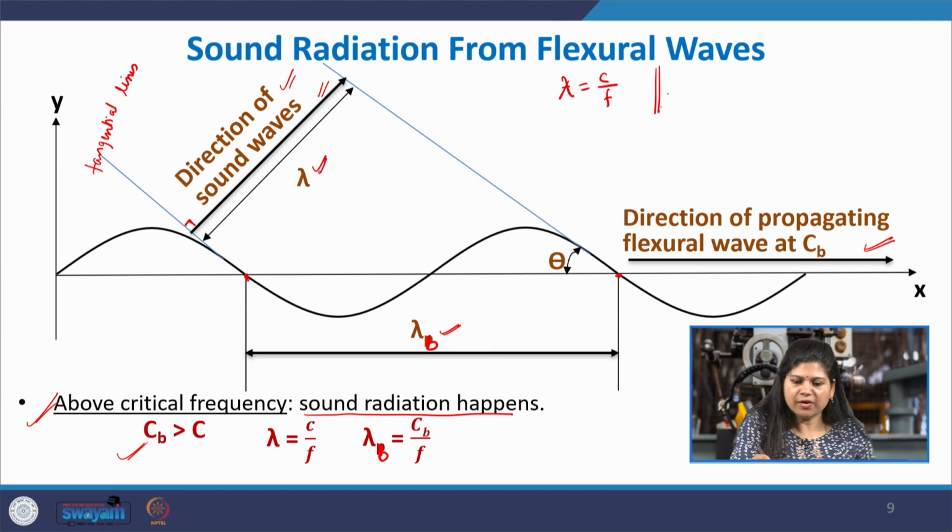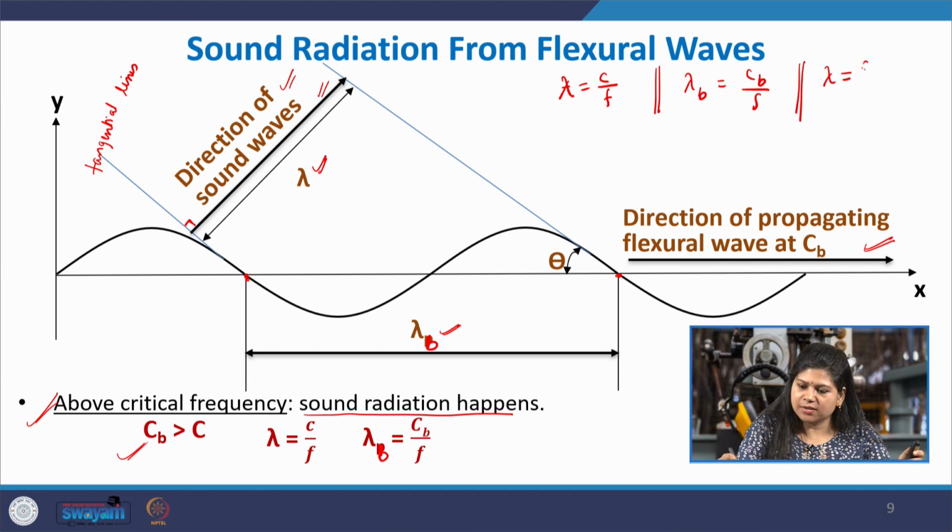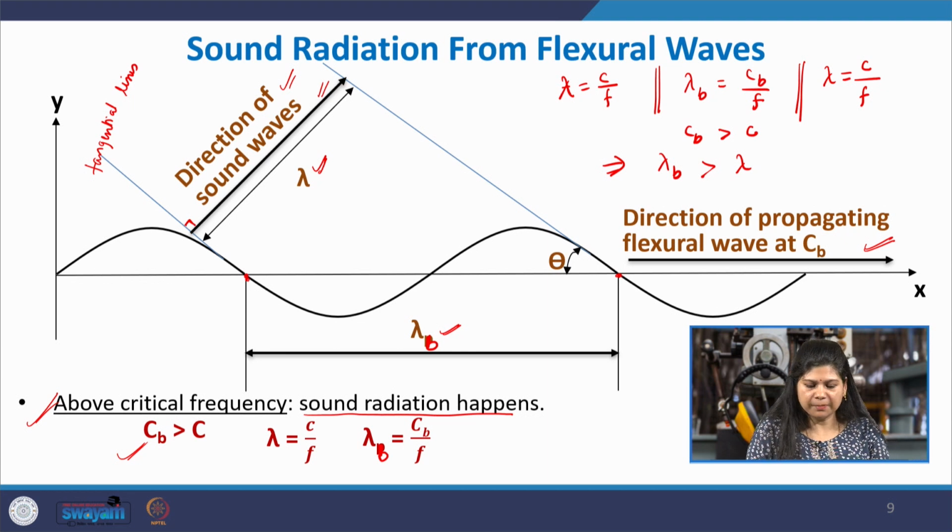For the bending wave, lambda B is CB by F, and for the sound wave it is creating, lambda is C by F. The F is the same, but CB is greater than C. So, lambda B is greater than lambda, as you can see here graphically. That happens above the critical frequency.